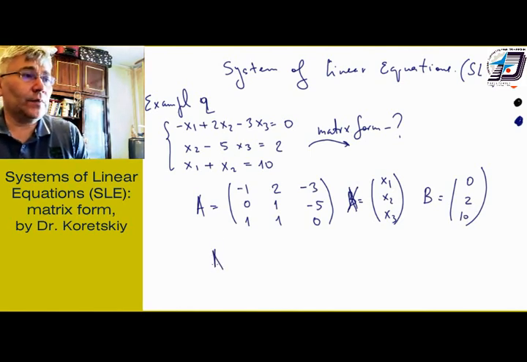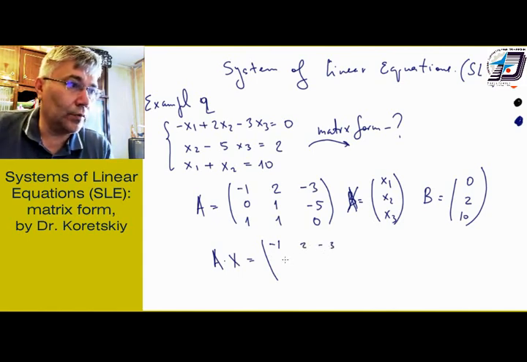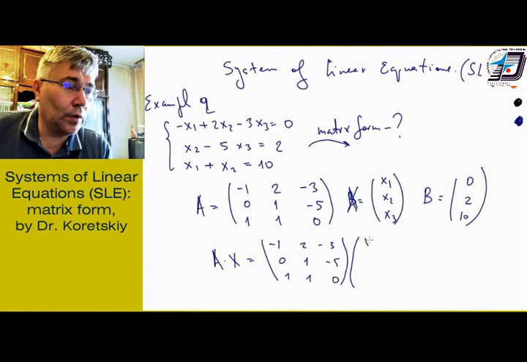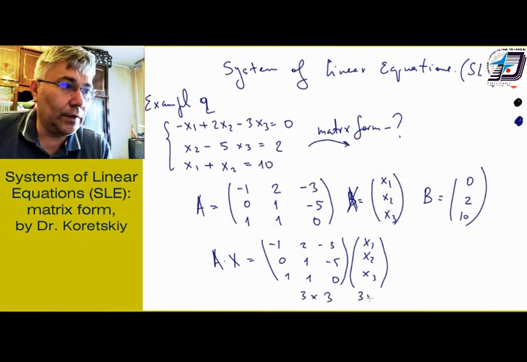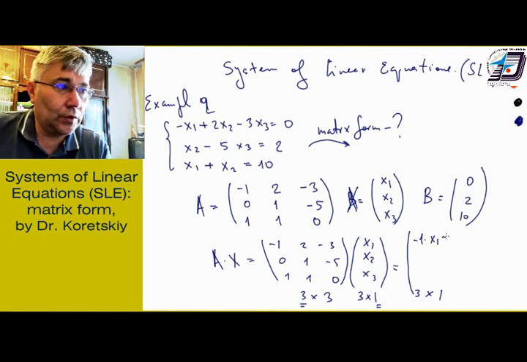By the way, if you multiply A times X, you have the matrix with rows minus 1, 2, minus 3; 0, 1, minus 5; 1, 1, 0, times the column x1, x2, x3. This matrix is 3 by 3, this matrix is 3 by 1, and the result is a 3 by 1 matrix. We get minus 1 times x1 plus 2 times x2 plus minus 3 times x3.